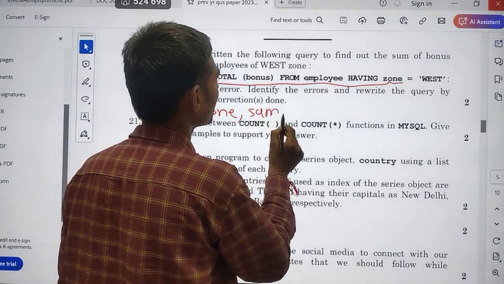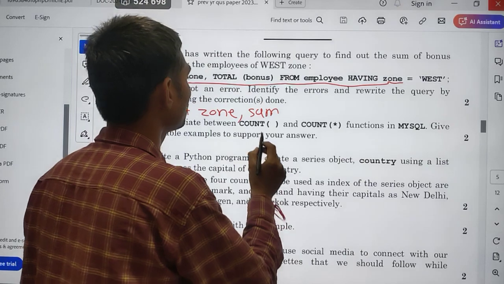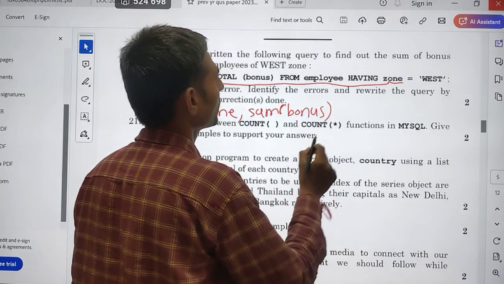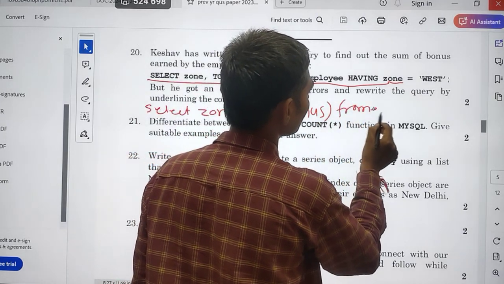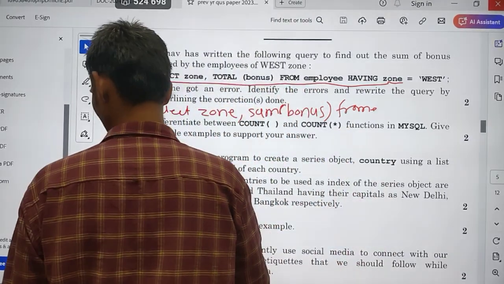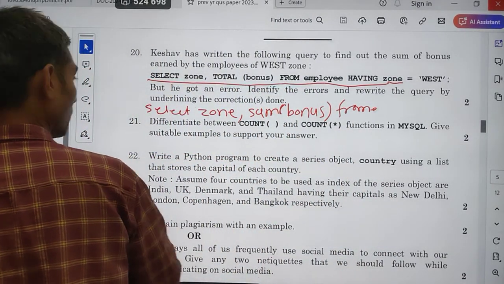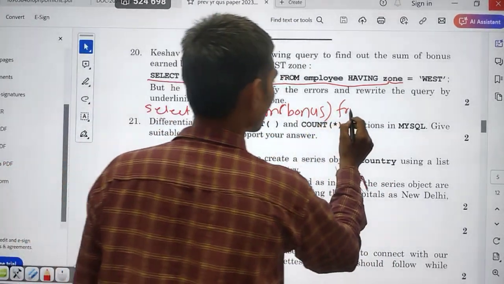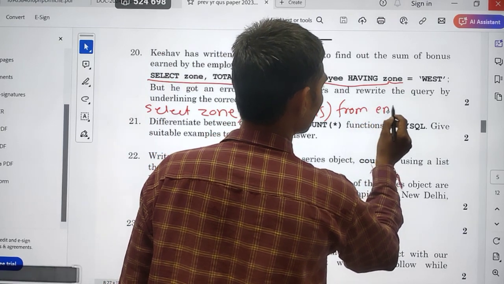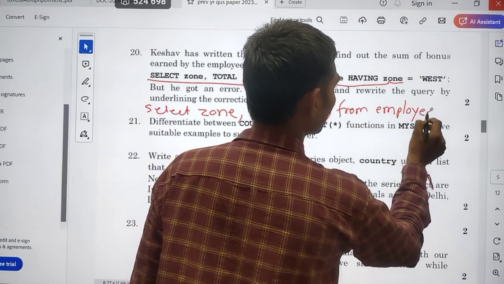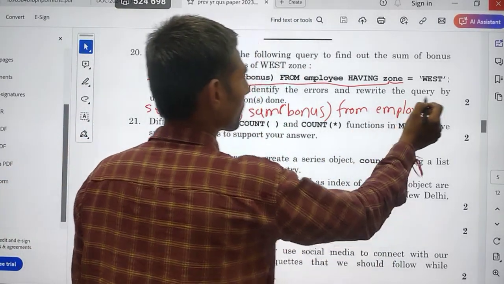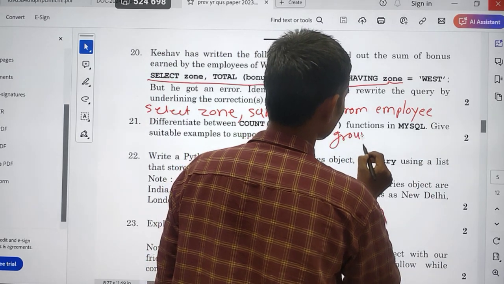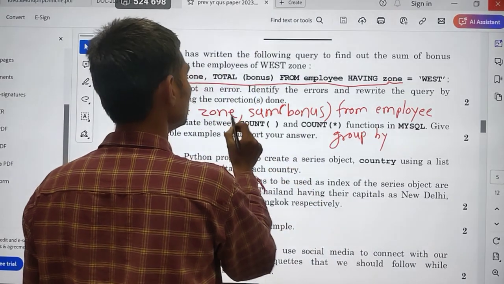Our mathematical function name is sum of bonus, from employee, group by zone.